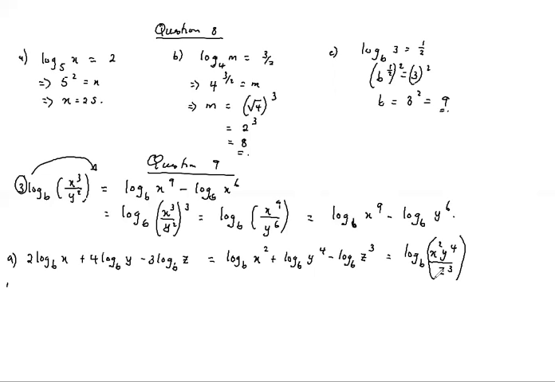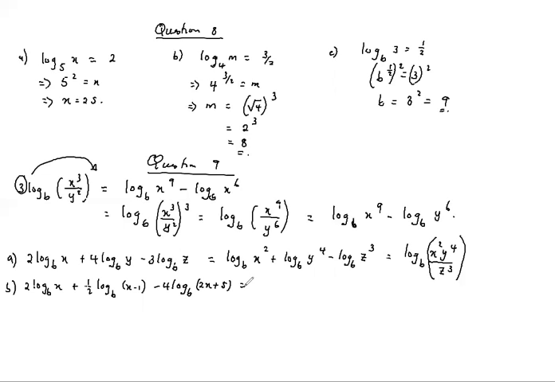Okay, we go to b. b: 2 log_b x plus half log_b (x minus 1) minus 4 log_b (2x plus 5).